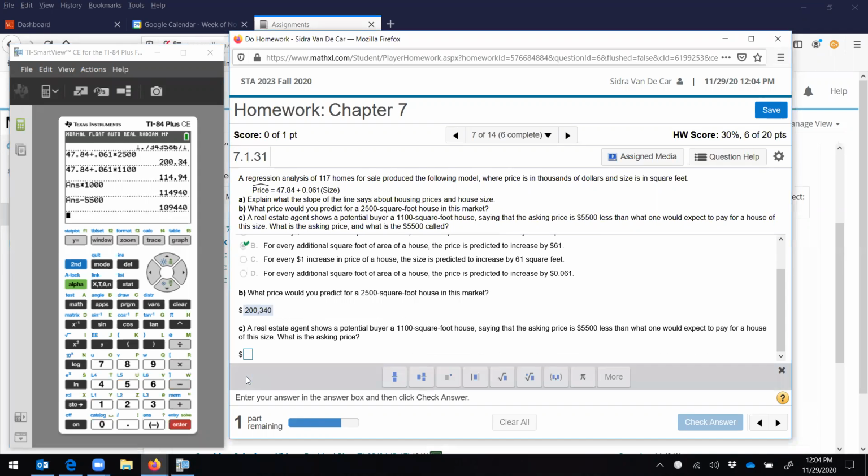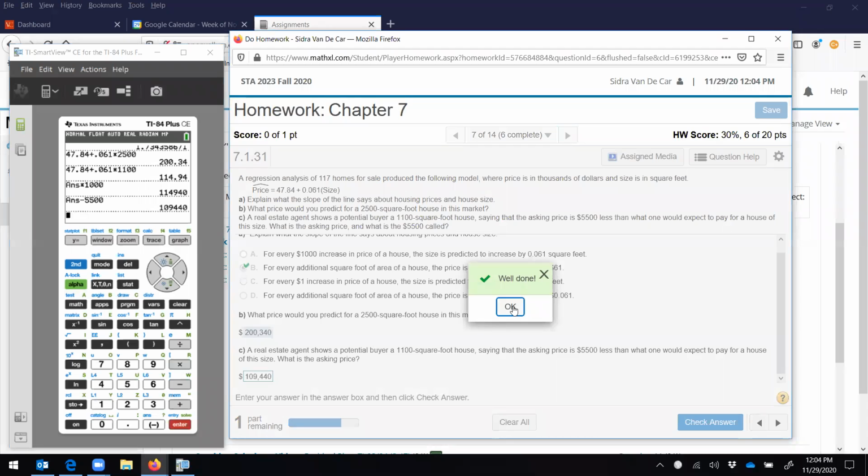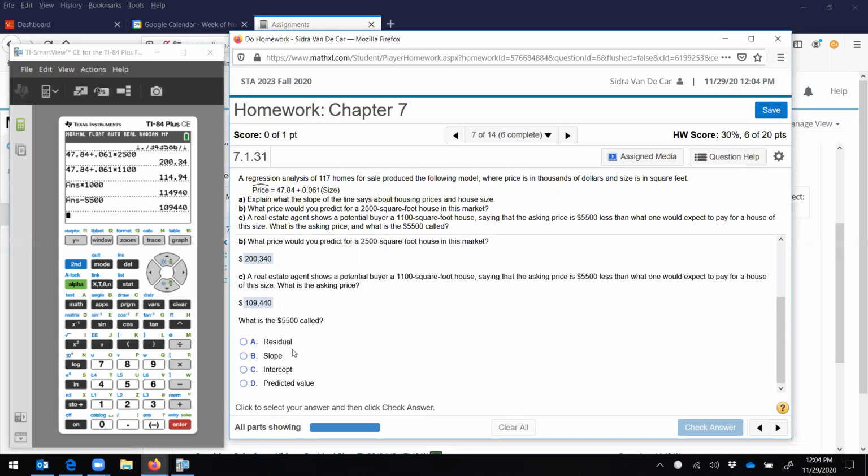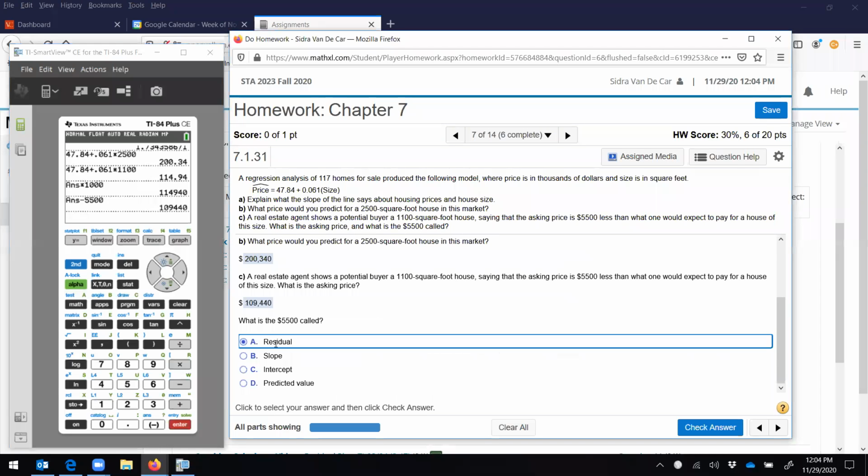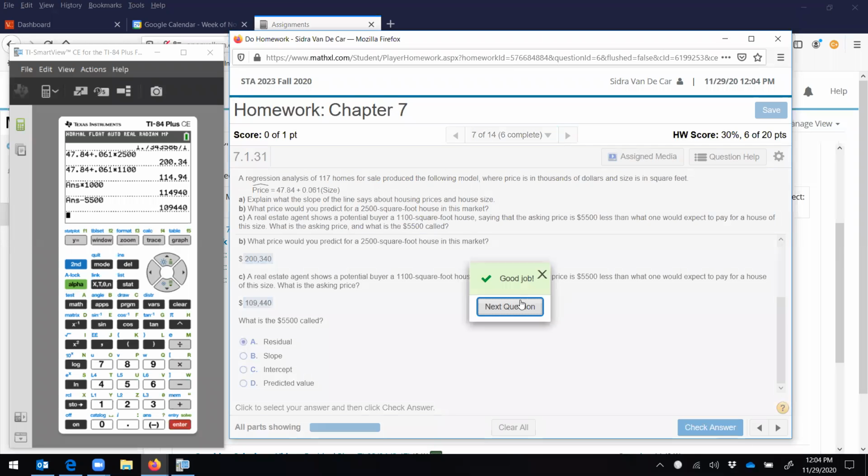So that would be 109,440. What is the 55? That's the residual. That's the difference in the estimated price and the actual price.